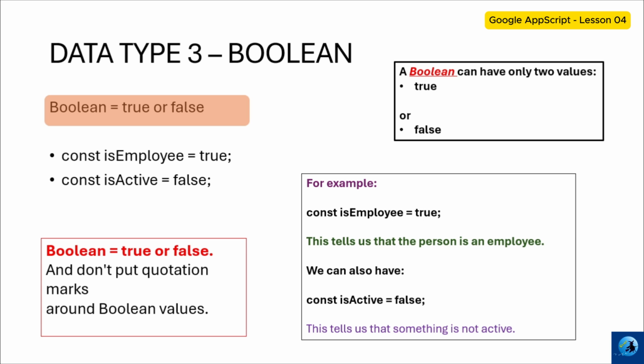So this tells us that something is not active. There are only two options, true or false. Boolean values are extremely useful when creating conditions and decision-making programs. Normally, we'll use Booleans with if statements, which we'll learn about in future lessons. For now, remember Boolean equals true or false, and don't put quotation marks around Boolean values.